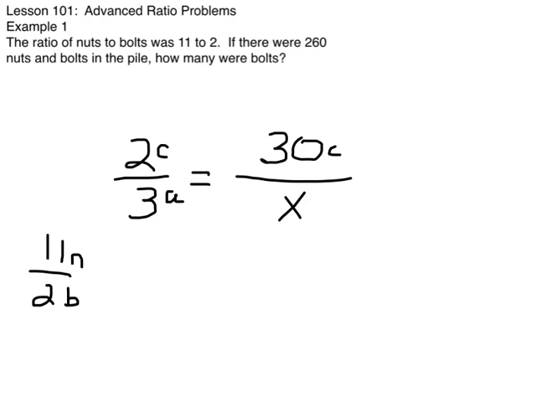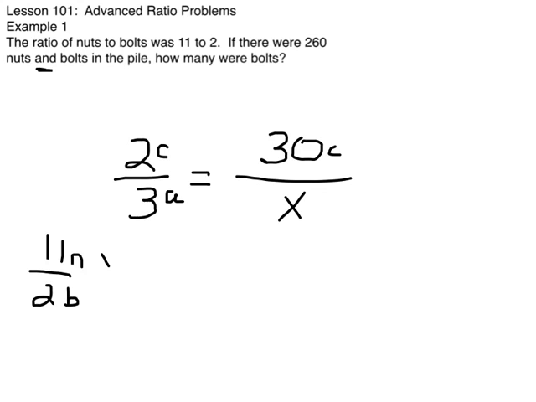If there were 260 nuts and bolts in the pile, how many were bolts? All right, here's where it gets different. Because there are nuts and bolts, it's not giving us how many were nuts or how many were bolts. It's telling us how many total are in the pile.